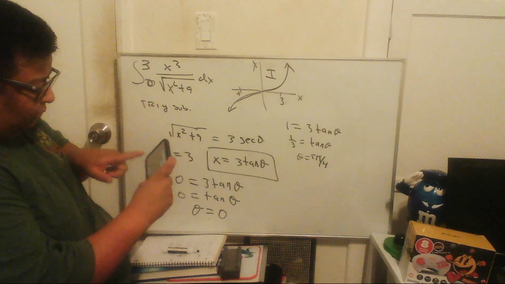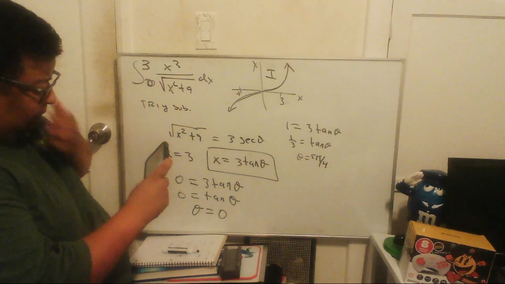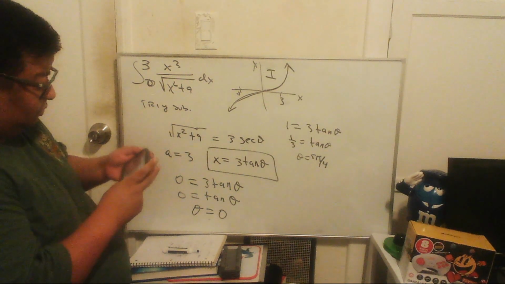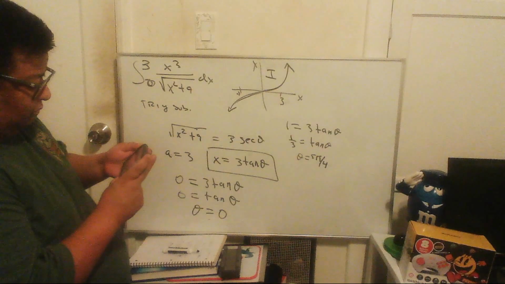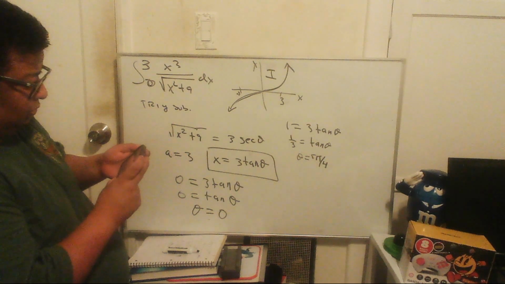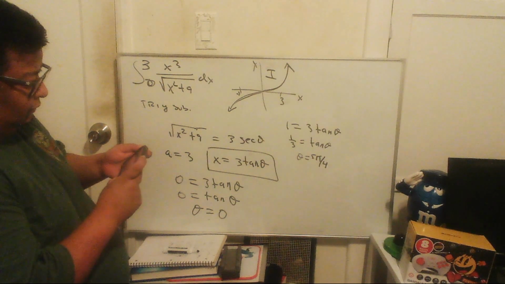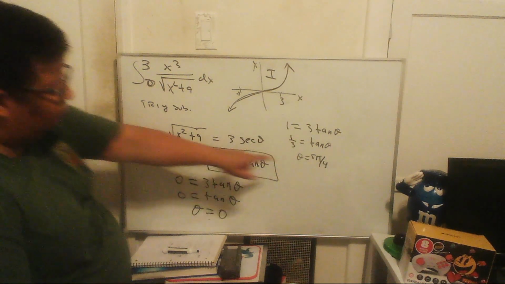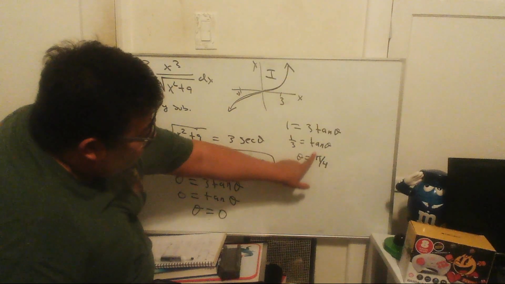Now we take the tangent, and that is equal to 0. So that's not it. I believe this one should be pi over 4.